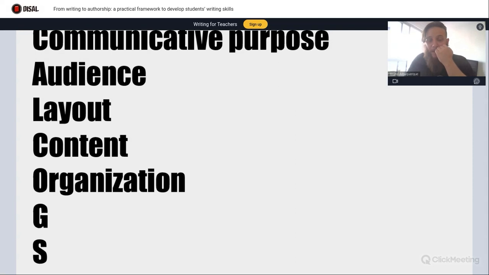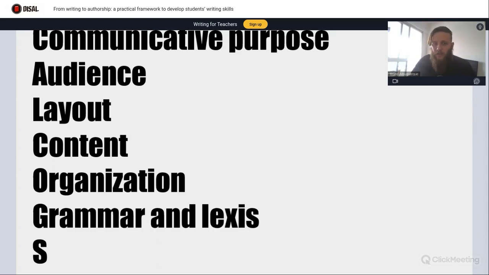Then organization, where this content goes, right? So sometimes it goes in paragraphs, not in a recipe, but it can be organized in paragraphs, maybe a first paragraph of introduction, and then two body paragraphs with different opinions, etc. But for a recipe, you have ingredients usually first, and then steps are organized in one, two, three, four, five, right?